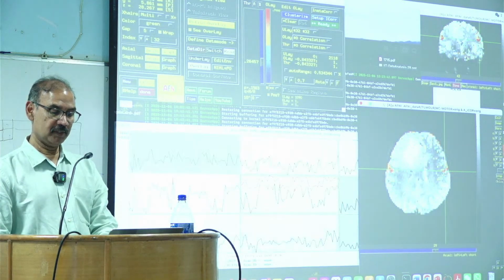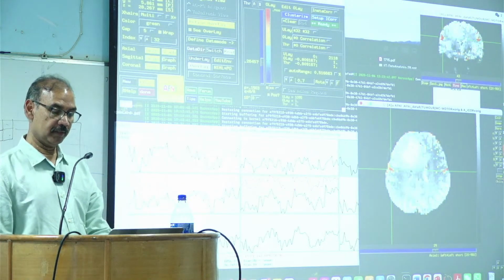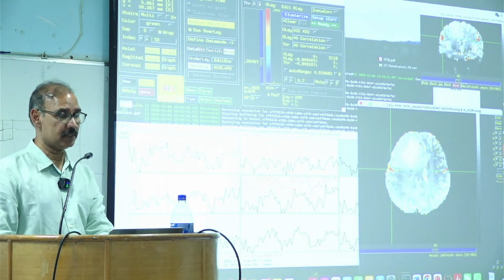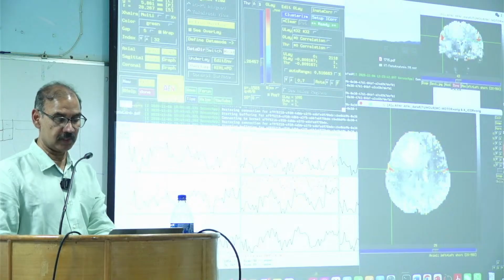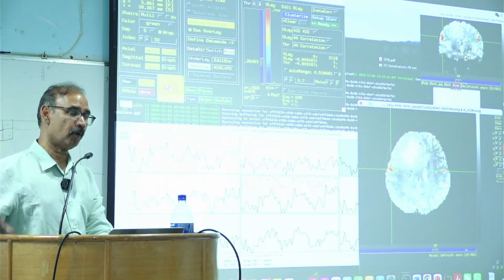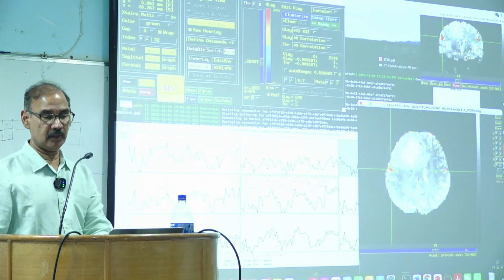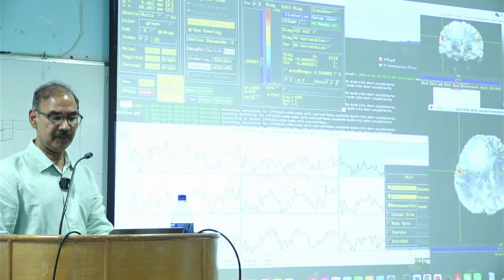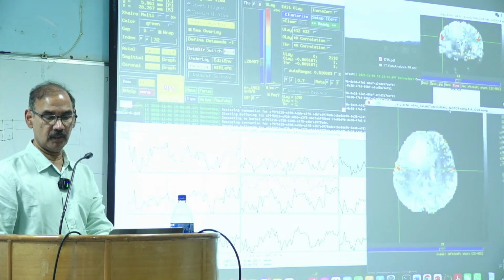So these are the regions which are correlated, and this would be seed-based analysis. So this is hypothesis driven, right? I have some hypothesis, and for that hypothesis we can test.